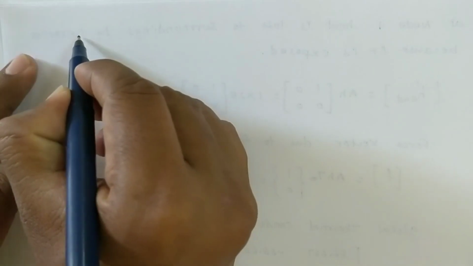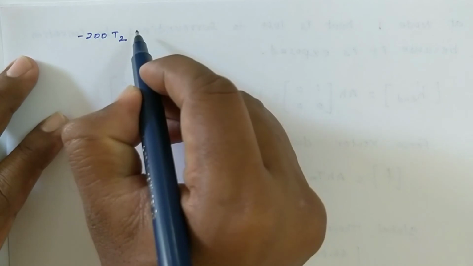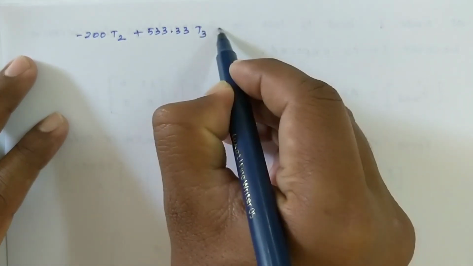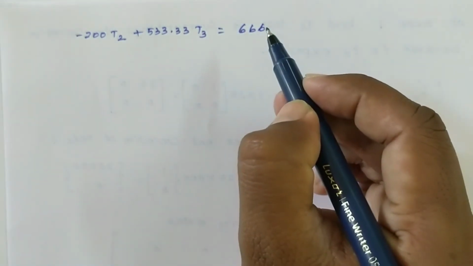On simplification, this becomes minus 200 T2 plus 533.33 T3 equals 666.66.